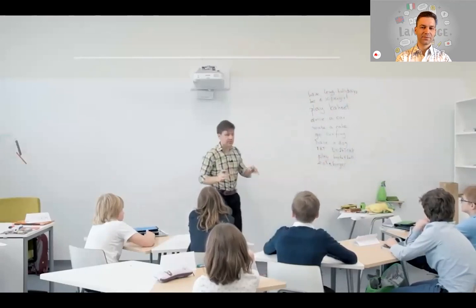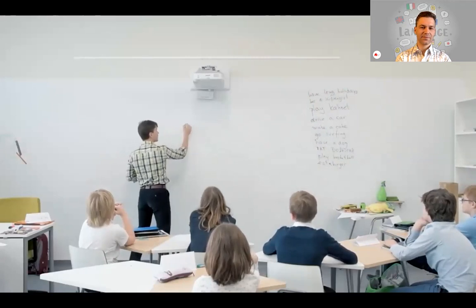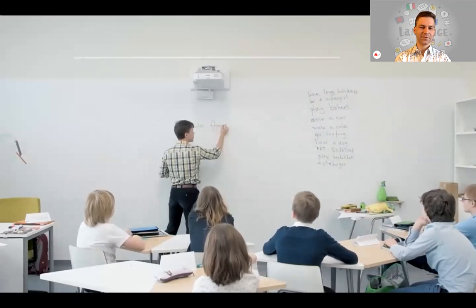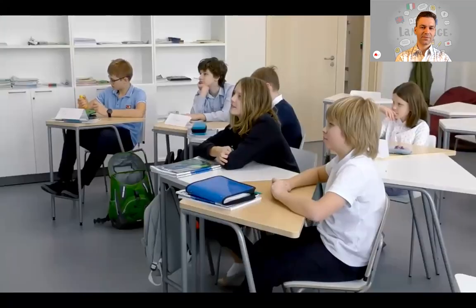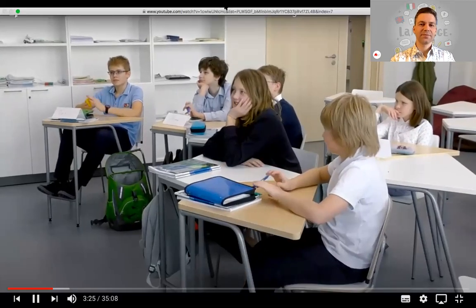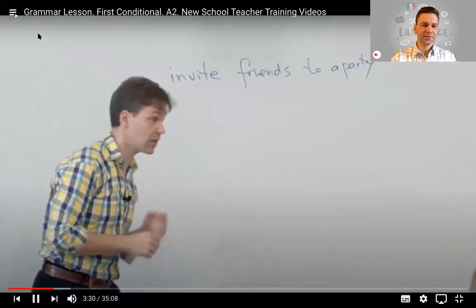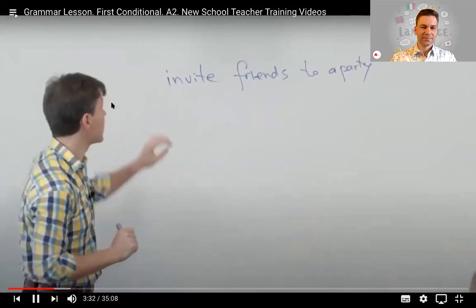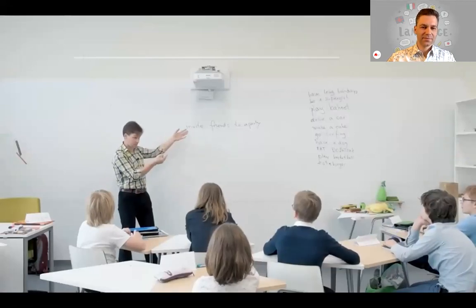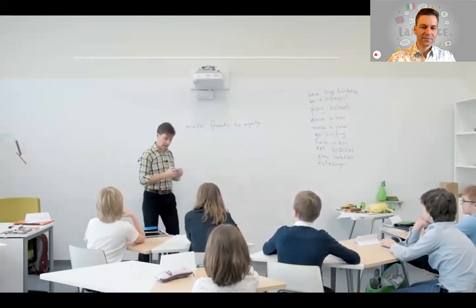I want to invite friends to a party. I want to invite friends to a party. Okay. I want to invite friends to a party on Saturday. And I think I'll do this. Because if I... Okay, what will happen? Okay.